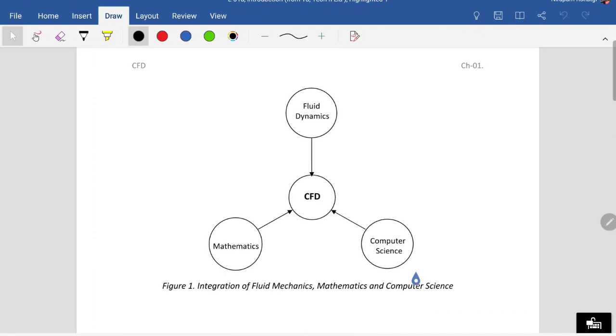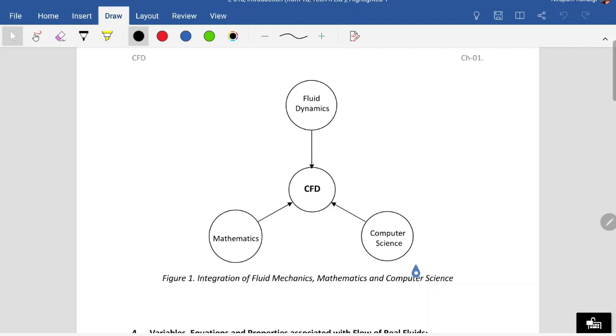One is your fluid dynamics, one is your mathematics, and another is your computer science. These are the three things which together go into developing CFD.